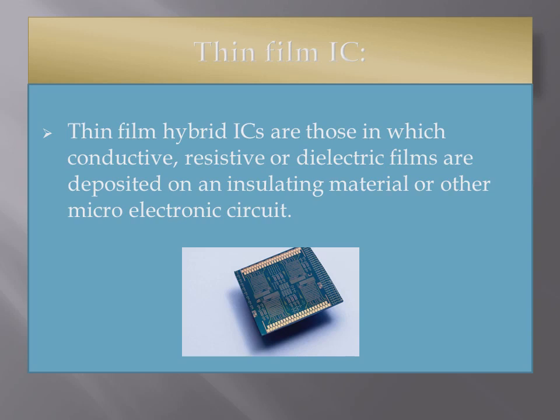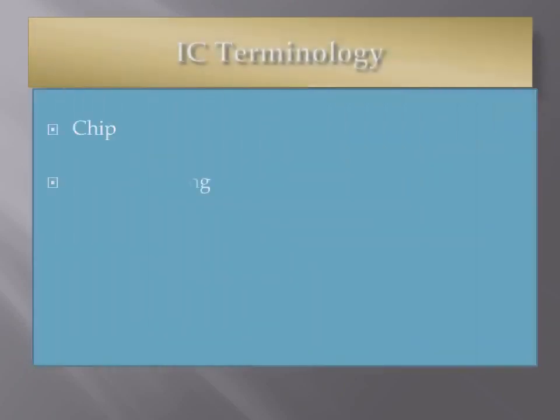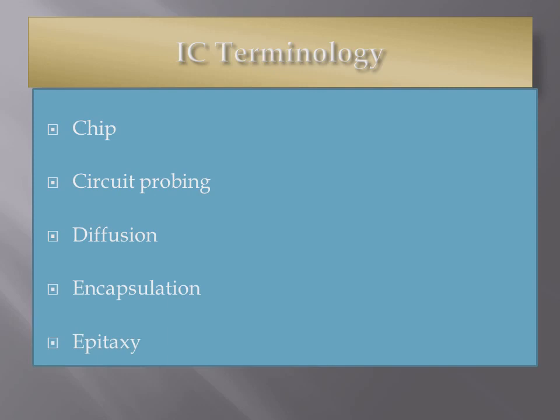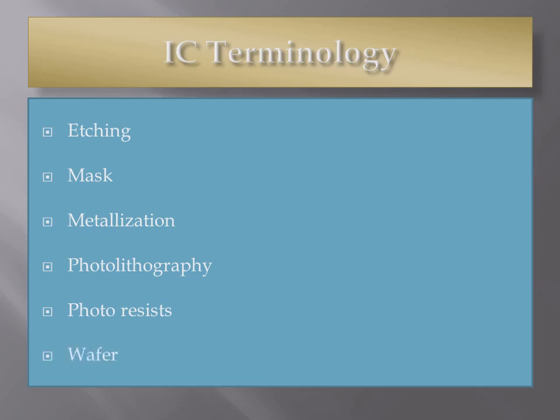IC terminology: chip, circuit probing, diffusion, epitaxy, encapsulation, etching, mask, metallization, photolithography, photoresist, wafer, and some of the processes.